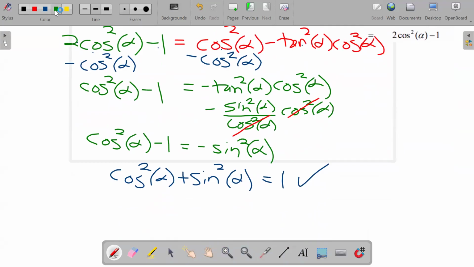Cosine squared of alpha plus sine squared of alpha is always 1. So in the end, I pretty much have 1 equals 1, which is true for any angle alpha. That was a wild ride. Now, reminder, often when I do these, I do get dead ends and I just have to put my paper away and grab a different piece of paper and try again.